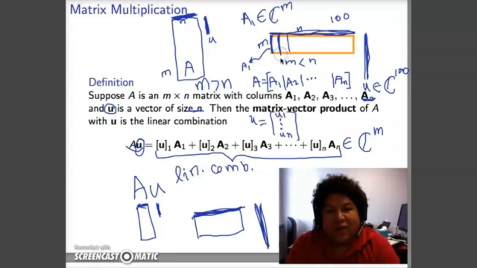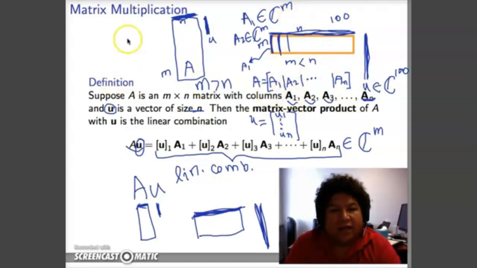The second column, A sub 2, is also a member of C^m, and so is the third column, so is the fourth column, so is the last column. So each of these column vectors, A1, A2, A3, all the way through An, is a member of C^m. They have m entries.